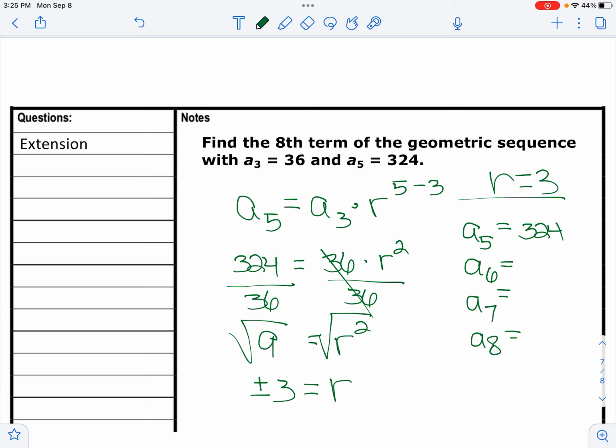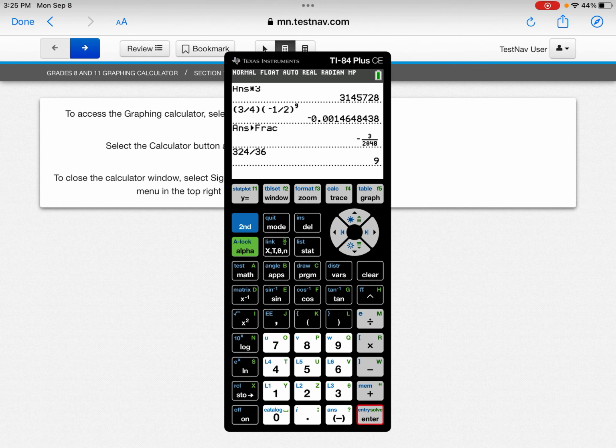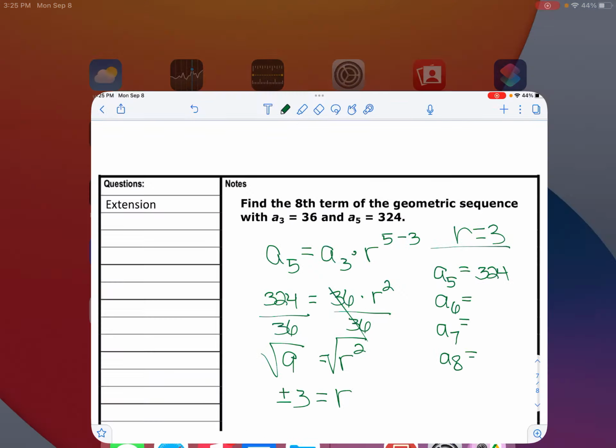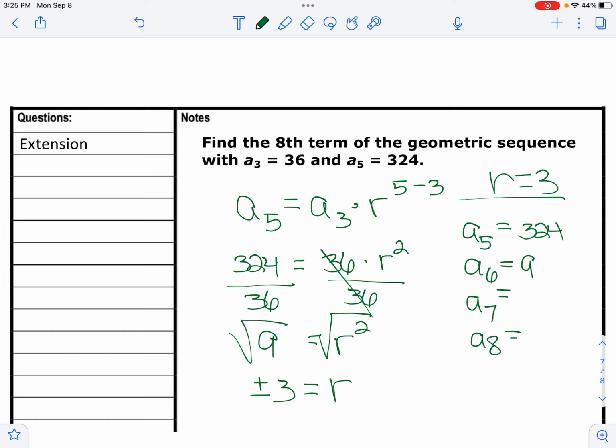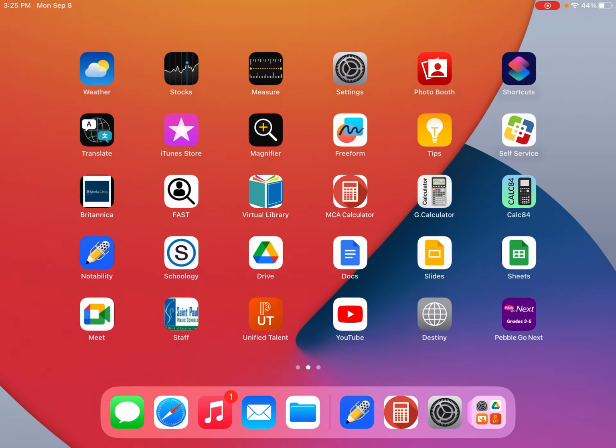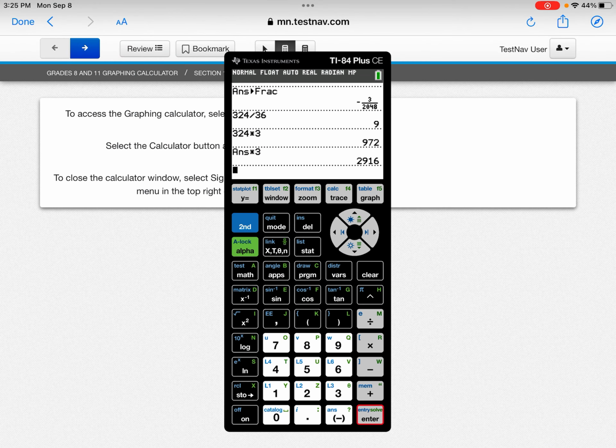Okay, so 324 times 3, 972, multiply by 3 again, 2,916.